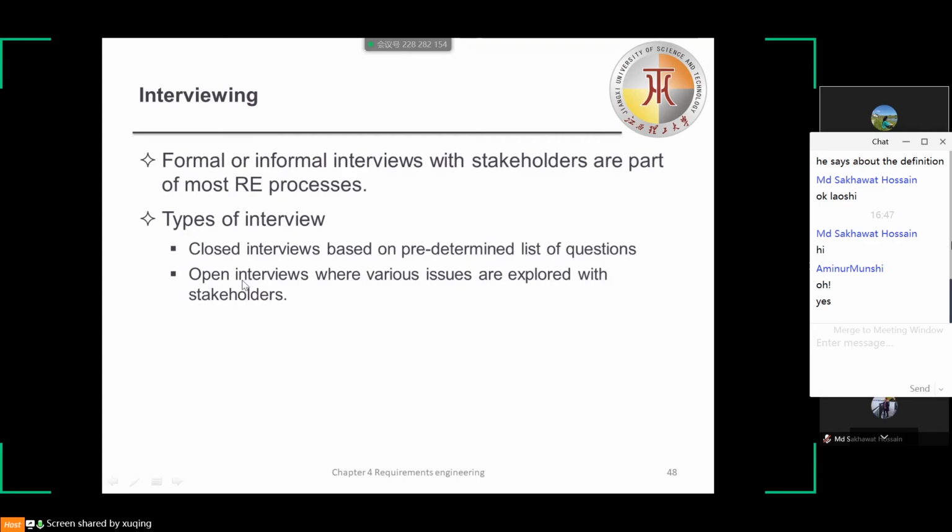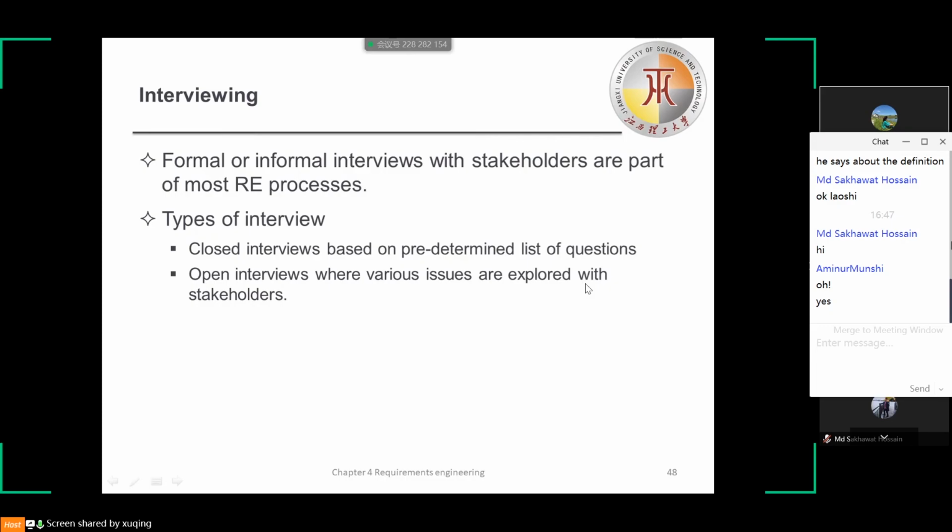And the second type is the open interviews, in which there is no predefined agenda. So here a range of issues are explored with stakeholders.